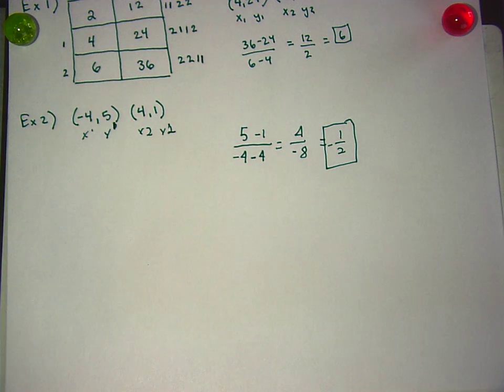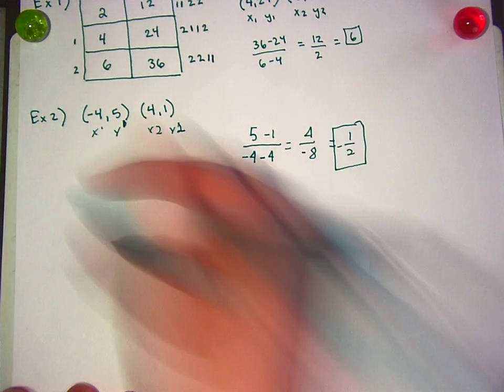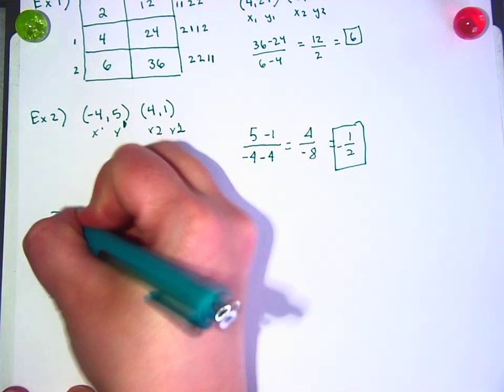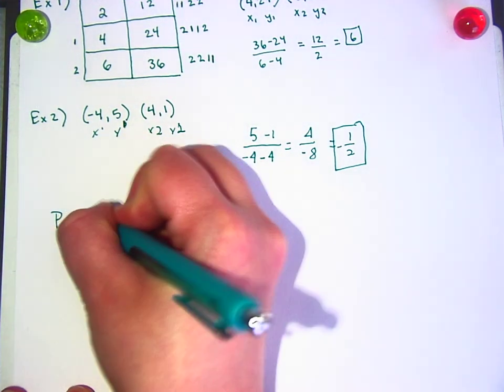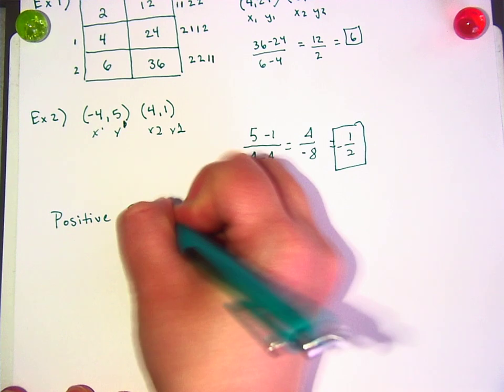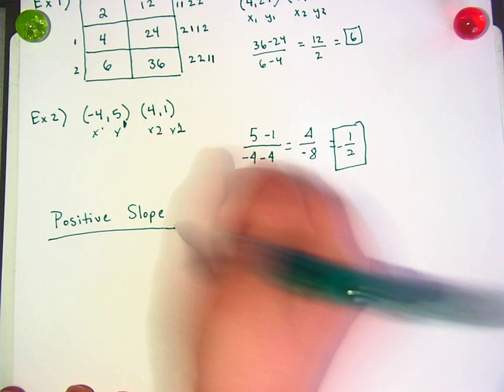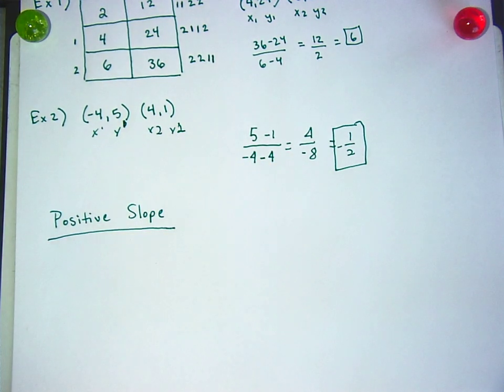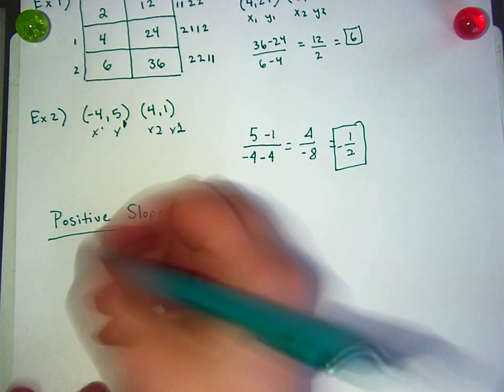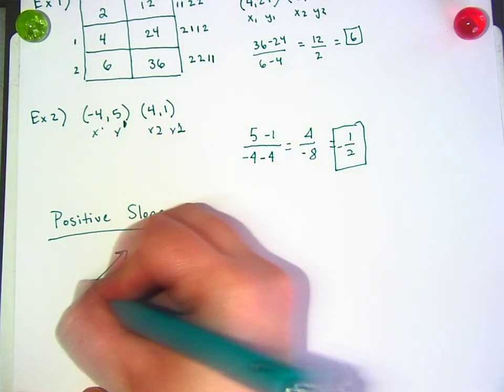Okay. All right. A few more things that I want to talk about. What does a positive slope look like? Like if I was just looking at a picture of a road that had a positive slope to it, what would it look like? Right, it would look like it's going uphill, left to right. So I want you to draw a picture of a positive slope, looks like this.